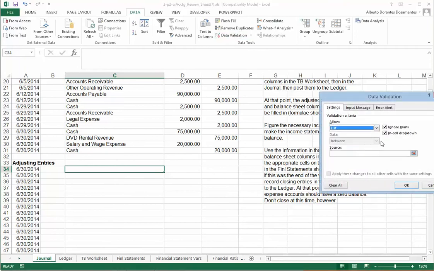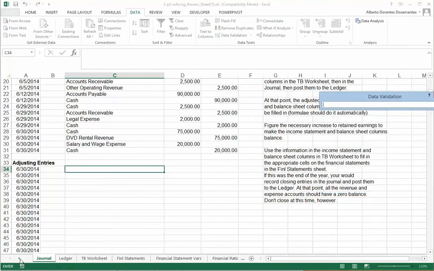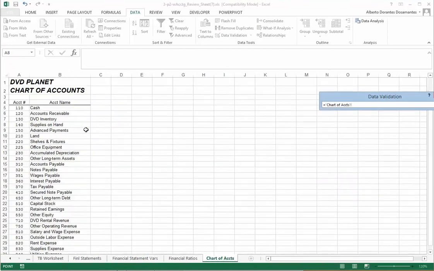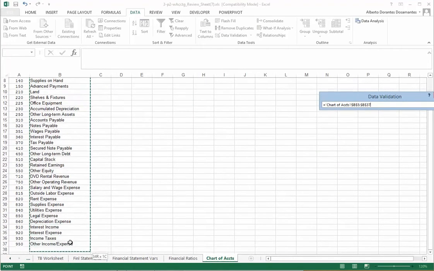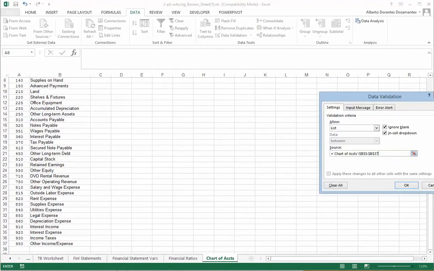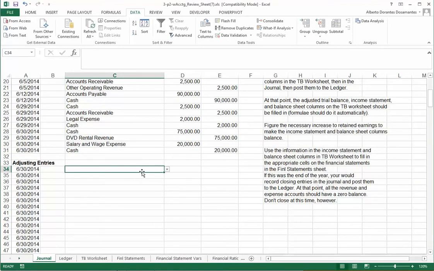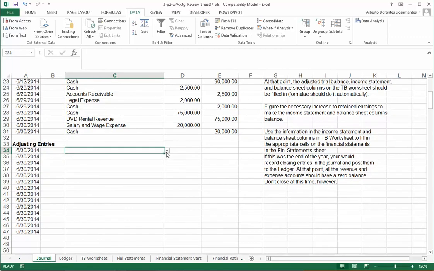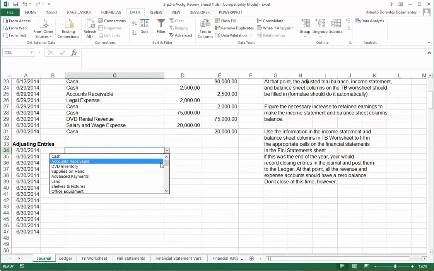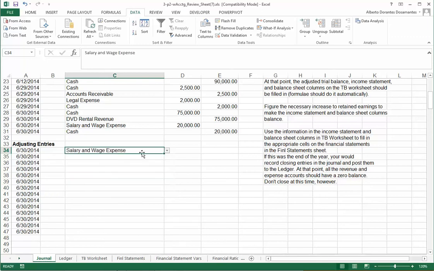We can select list, and then select again the chart of accounts, just to select the account from the chart of accounts and avoid searching for it. For this one we select salary and wage expenses, because we have to recognize that expense. And this one is 7,500.